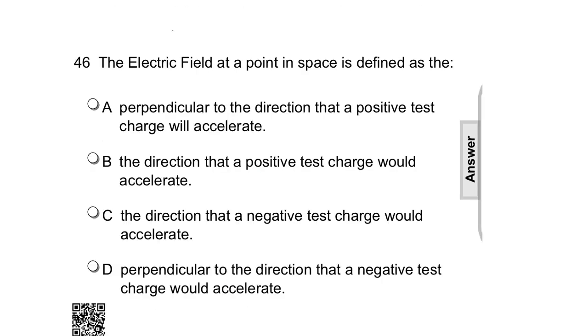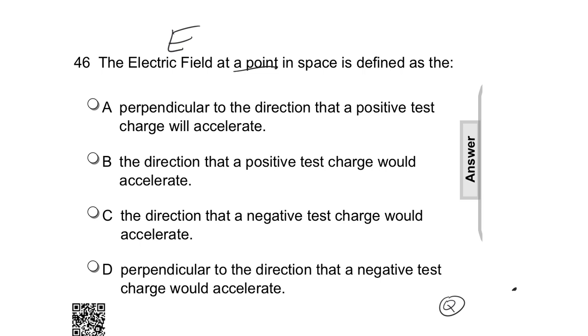Okay, the electric field at a point in space. Okay, so let's say we have some field charge, and there's a point in space around that field charge. It's defined as perpendicular to the direction that a positive test charge will accelerate.